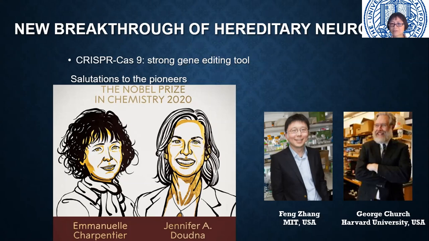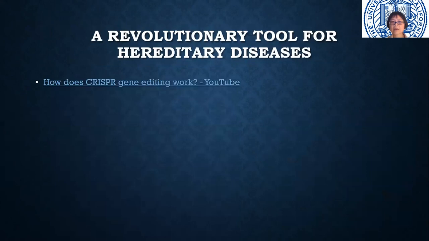There are some other scientists who also made significant contributions to bring this strong tool to our human disease application, including Dr. Zhang from MIT and Dr. Church from Harvard University.